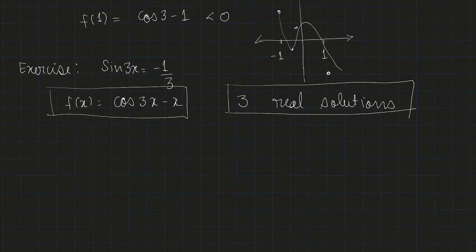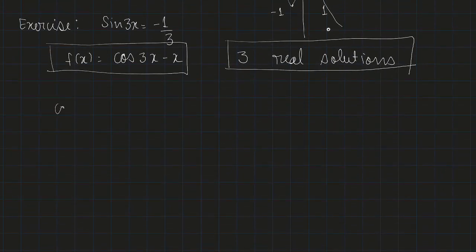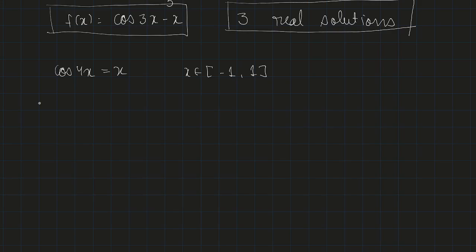Okay, now let's do the cos of 4x equals x case. Again, I know x has to be between -1 and 1, and I say g of x equals cos of 4x minus x. The first derivative is -4 sine 4x minus 1.